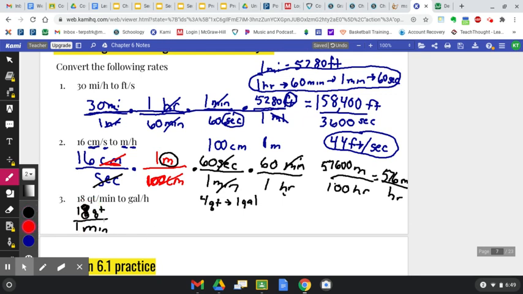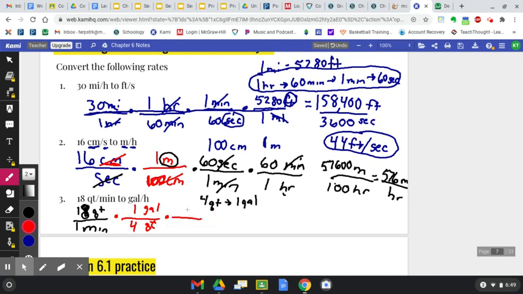And we can pick which one to get rid of first. Doesn't matter. Let's get rid of quarts. So my quart is on the top, so I'm going to put that on the bottom. And my conversion is there are 4 quarts for every gallon. Now to get rid of minutes, right?